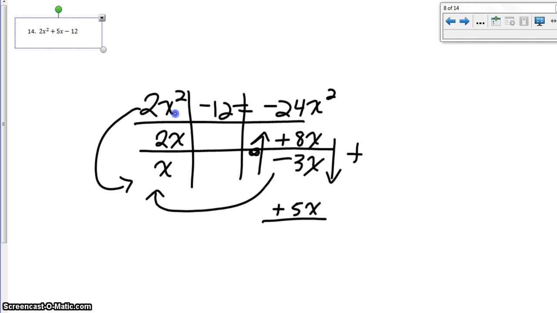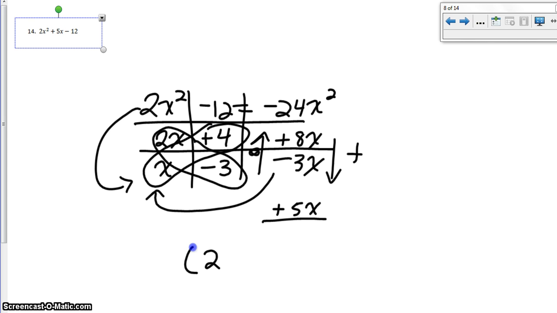X times 2x is 2x squared, times positive 4 gives me positive 8x, and x times negative 3 gives me negative 3x. Then remember, our factors are on the corner. So our final answer is 2x minus 3 times x plus 4.